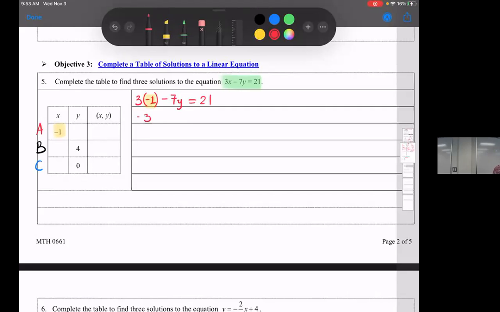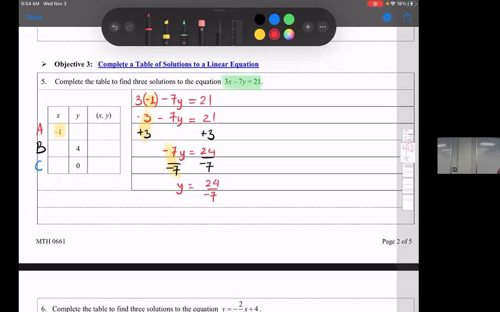So -3 minus 7y equals 21. Add 3. I have minus 7y equals 24. Divide both sides by -7. Cancel. I have y equals 24 over -7. You can move the negative up or down, doesn't matter.